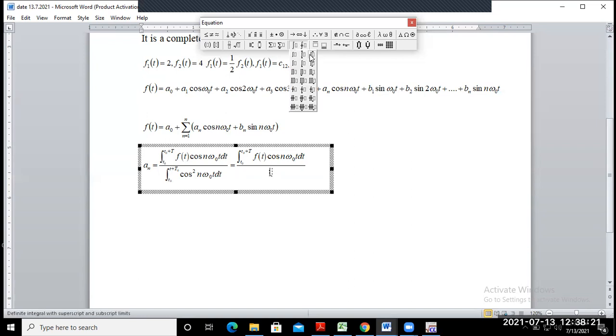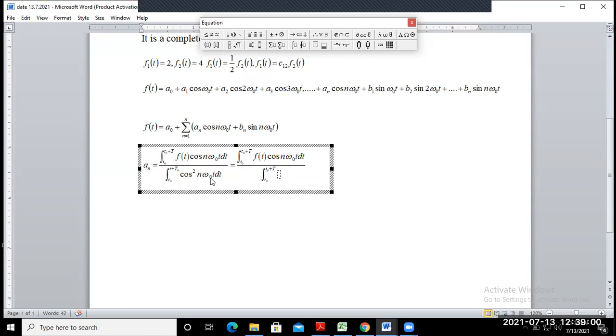Let's simply write here the integration from t0 to t0 plus capital T. This term can be written as 1 plus cos 2 n omega naught t divided by 2, is it not?